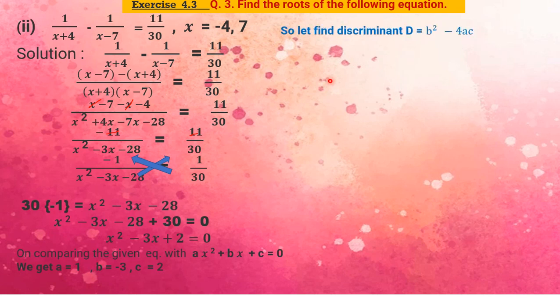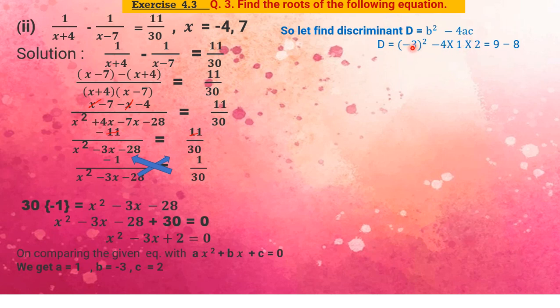First we have to find the discriminant. That means finding whether the equation has a solution or not, or we can say whether the equation has real roots or no real roots. For finding this, we have to find the discriminant, that is b square minus 4ac. Now put the values: b square, that is minus 3 square, minus 4 into a, which is 1, and c, which is 2.